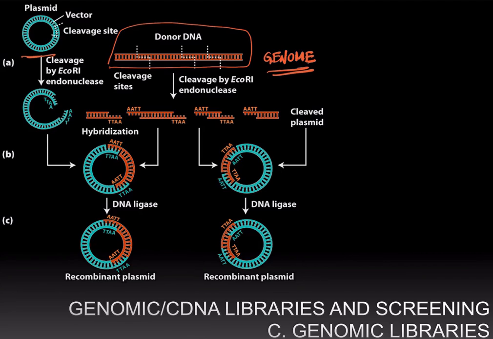Then we can digest with a restriction enzyme. So in this example, we are digesting with EcoR1, and recall that the recognition site of EcoR1 is GAATTC, and it's palindromic.